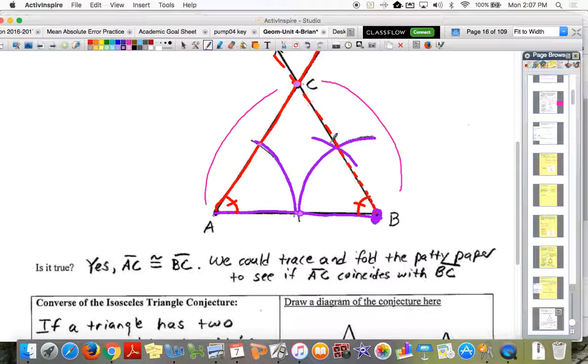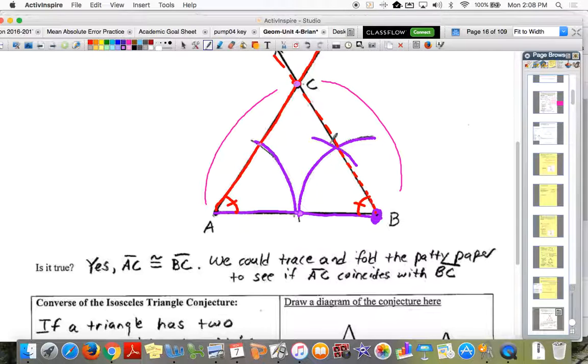So if we start off with the fact that angle A and angle B are congruent, then we do find out that the sides AC and BC are always going to be congruent.